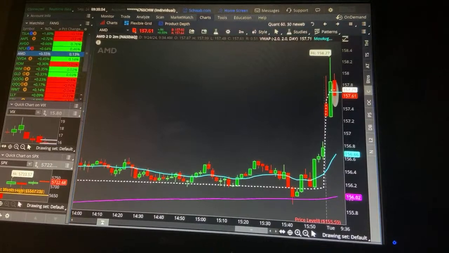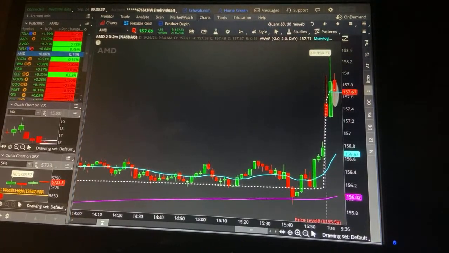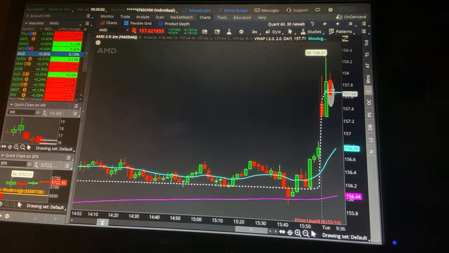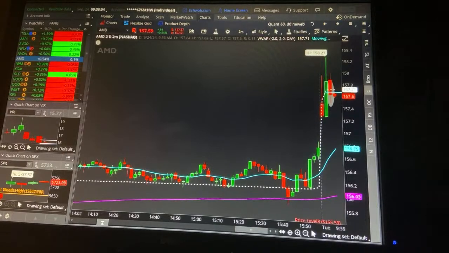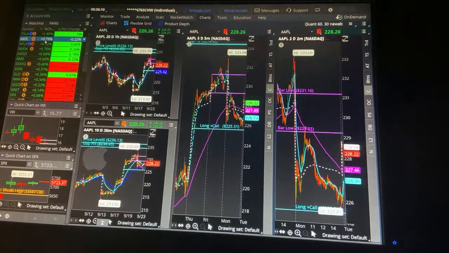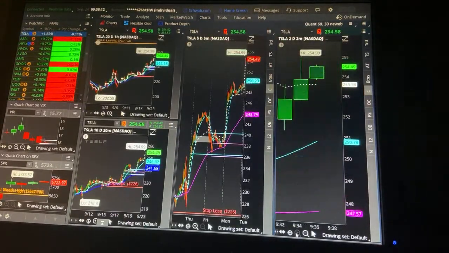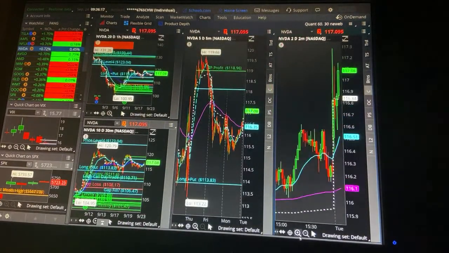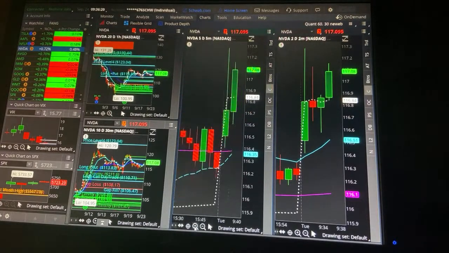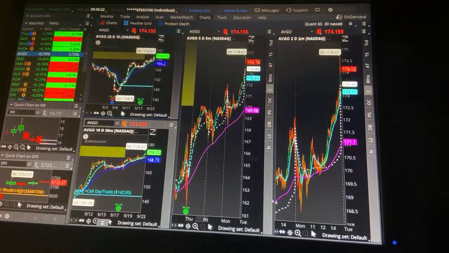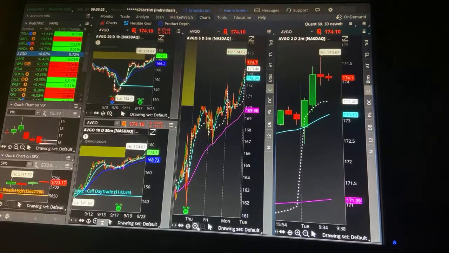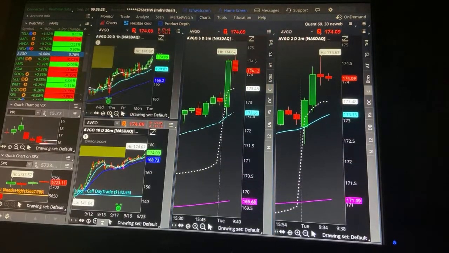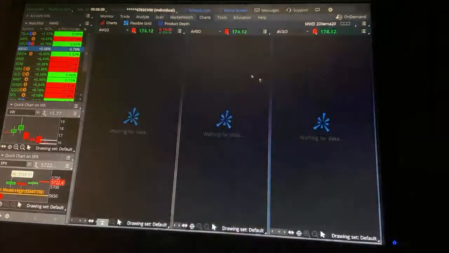All right, moving on. Let me see what else I see here. Having the fall through. Tesla trying to squeeze more. AVGO. Long run swings on this. Wide range bar on AVGO on the 5.